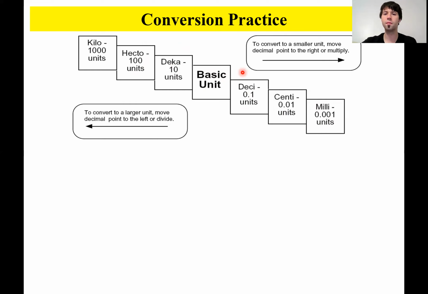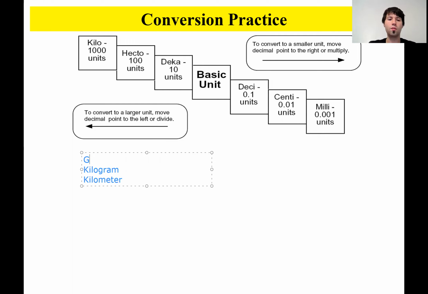Now, one thing that I want you to see that you're not going to find in any of the other readings today, so please take notes on this, is that a lot of times, even though we might say kilogram or kilometer, we don't write out the whole word.